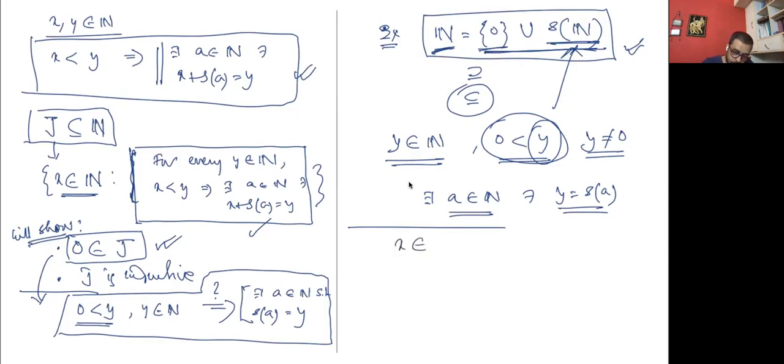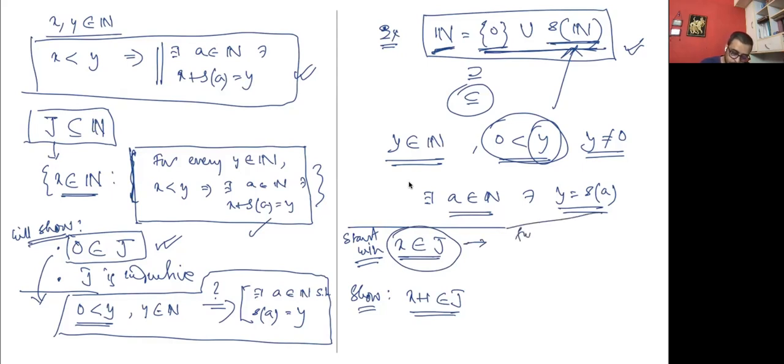We have to start with something in J, and show that S of x, which is x plus 1, is in J. Now, starting with x belonging to J, this means that for every y in N, x less than y implies there is an A such that x plus S of A is y.